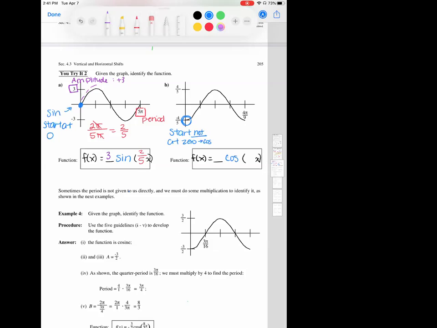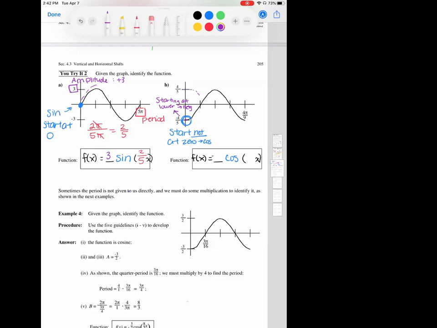All right. We see that we're not going from the highest point down, we're going from the lowest point. We're starting at the lower part, so this lets us know we have a negative beginning our function.